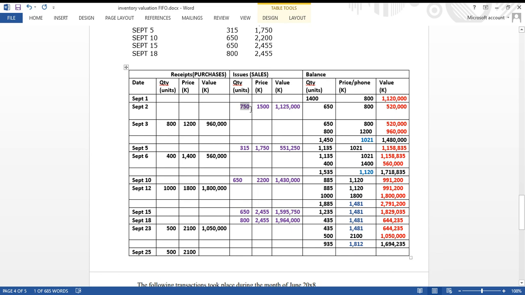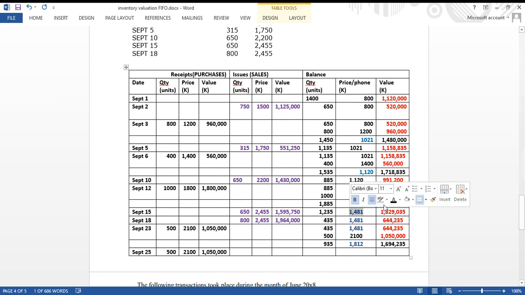Yeah, we sold. Oh, okay, okay. I'm sure I've seen. That's why you highlighted it in this color. Yes. So the ones which are in this color, it's the new average.